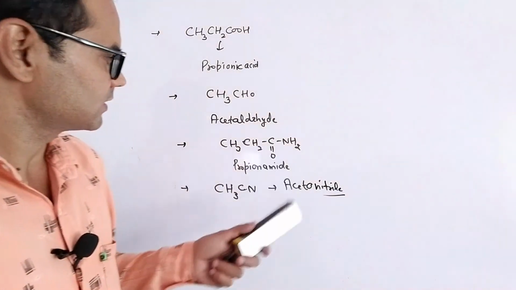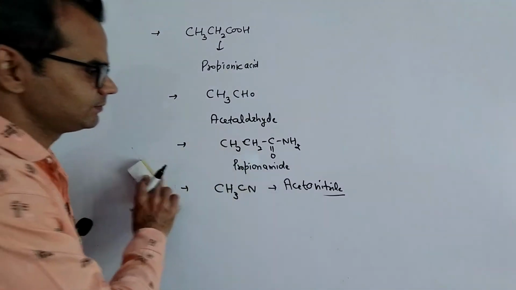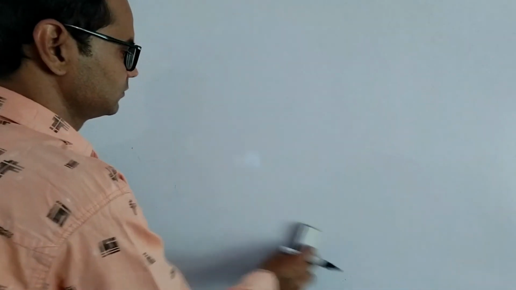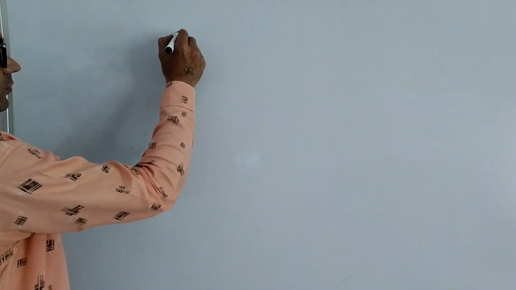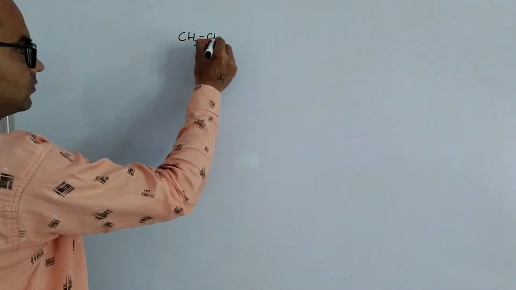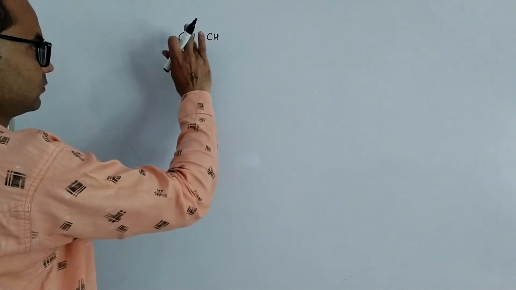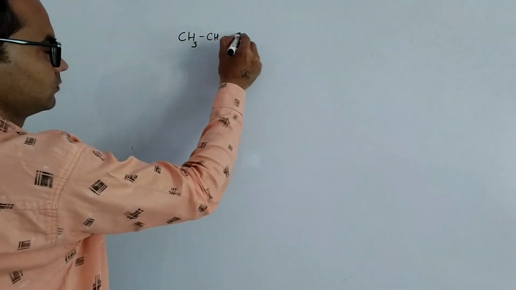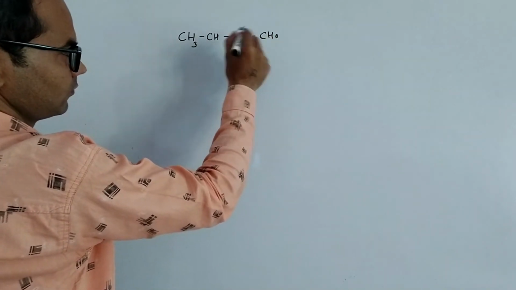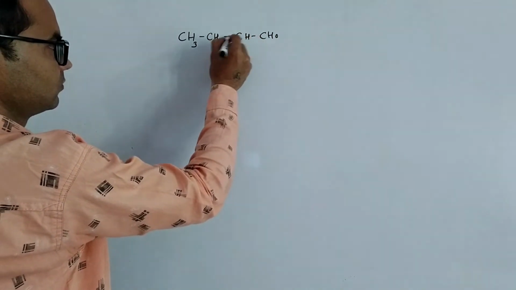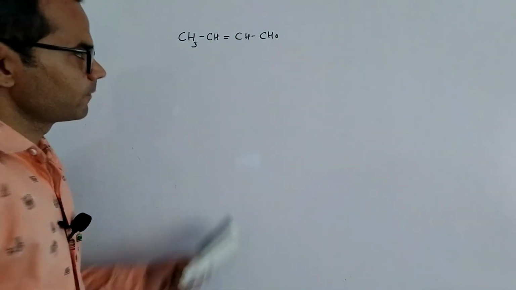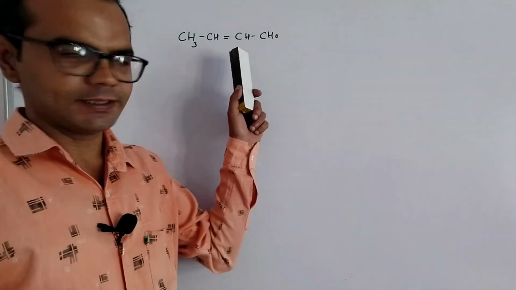Right? Let us understand some more examples. So now we have an unsaturated radical also.